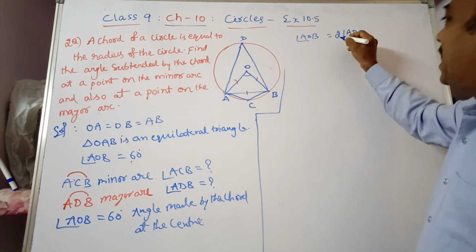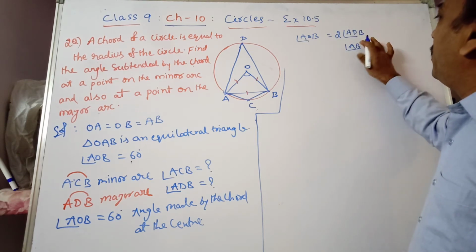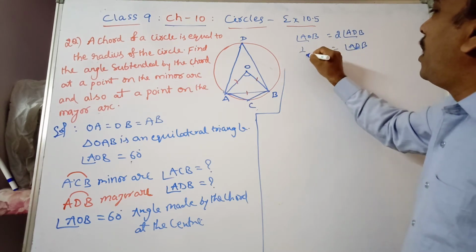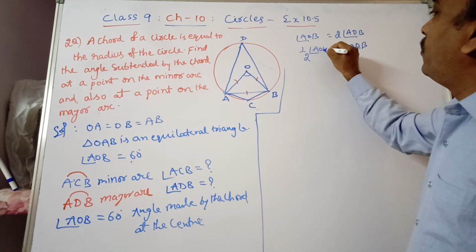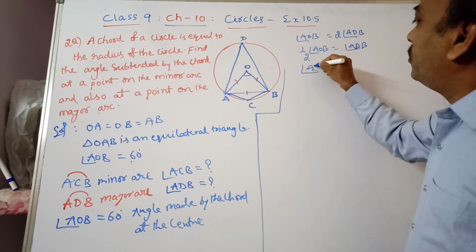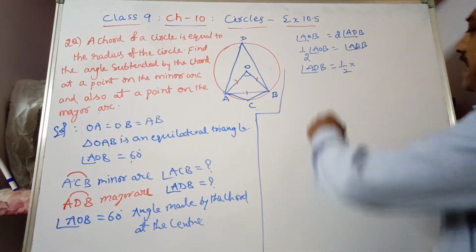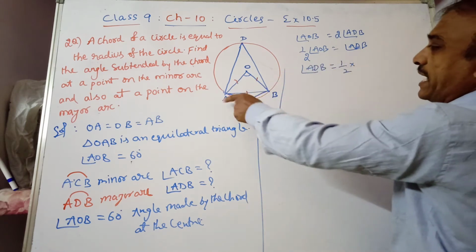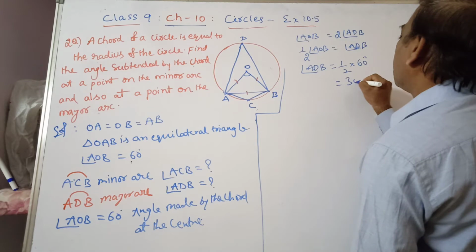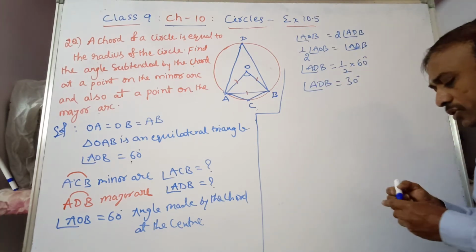Now transposing, ADB is equal to half of angle AOB. What is AOB here? It is 60 degrees. So half of 60 is 30 degrees. So angle ADB is equal to 30 degrees.